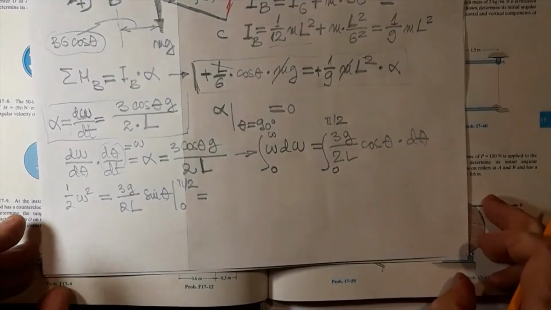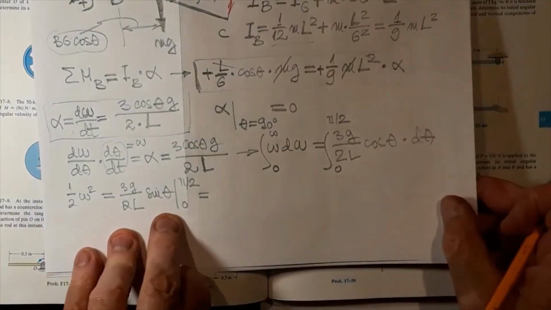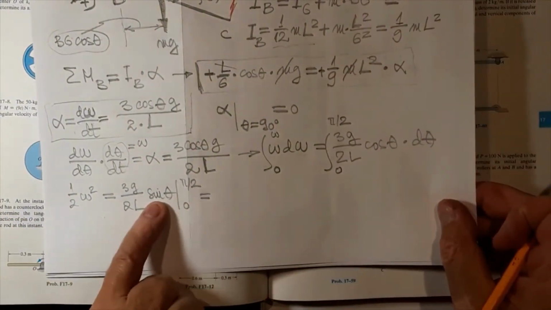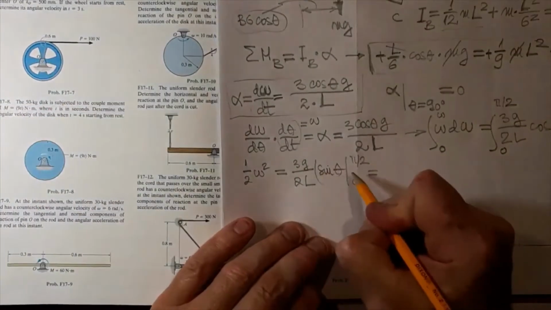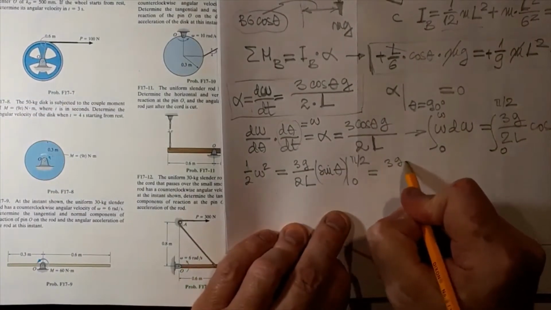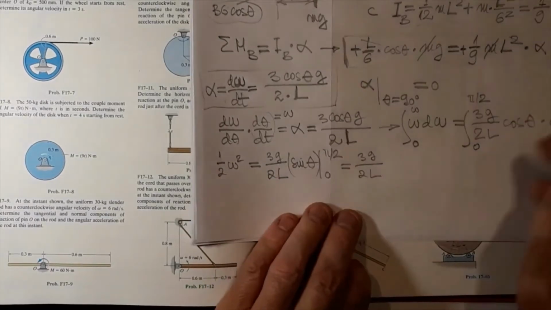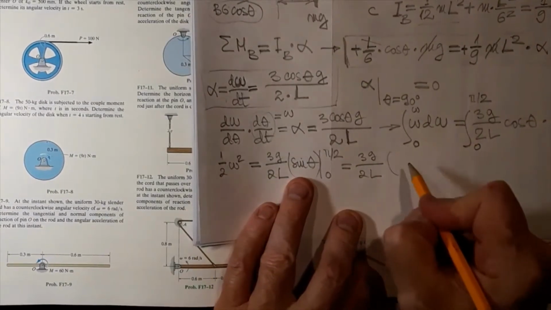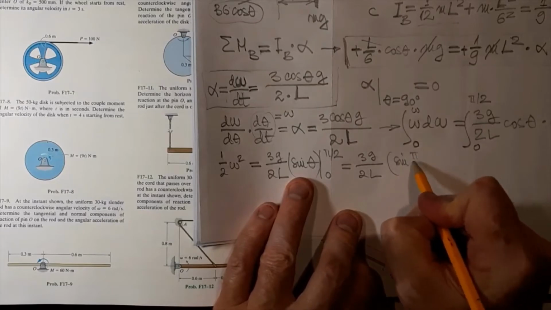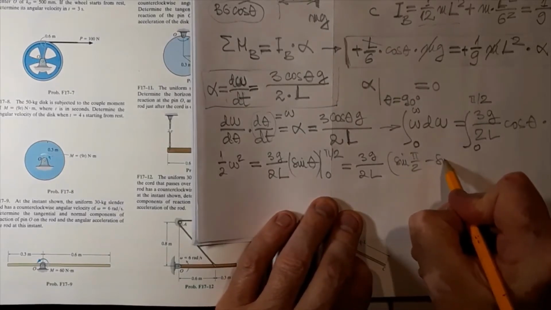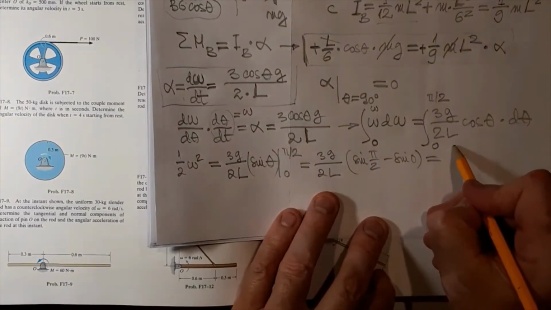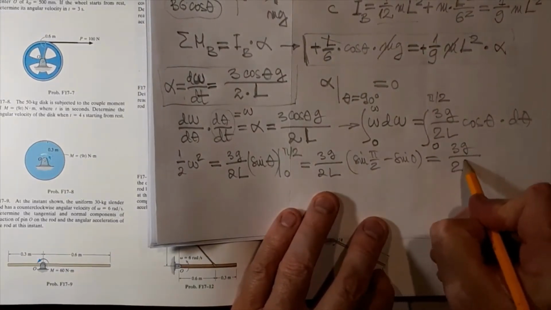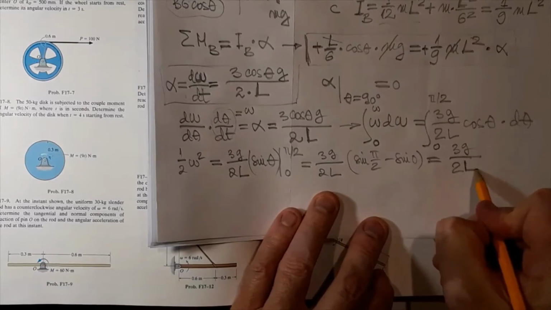So sine of pi over 2 is 1. This comes in front, so it's 3g over 2L times sine of pi over 2, or 90 degrees, that's 1, minus sine of 0, which is 0. So this is equal to 3g over 2L, okay?